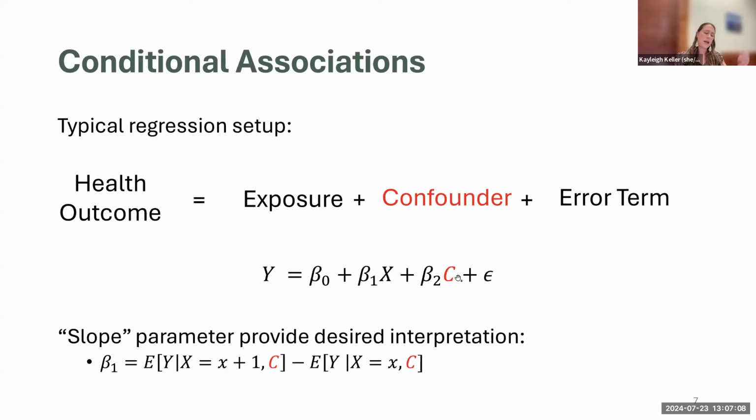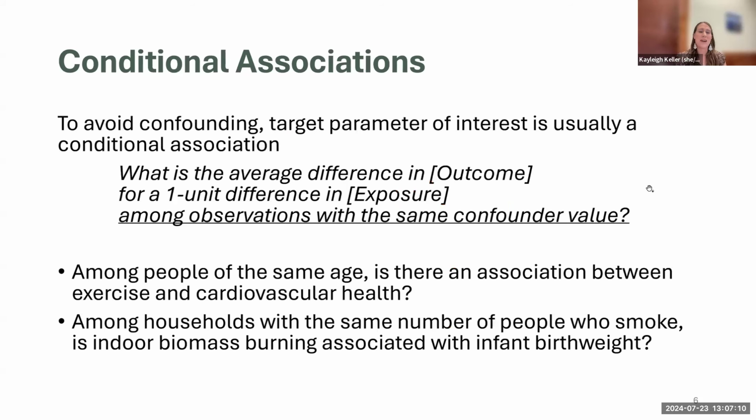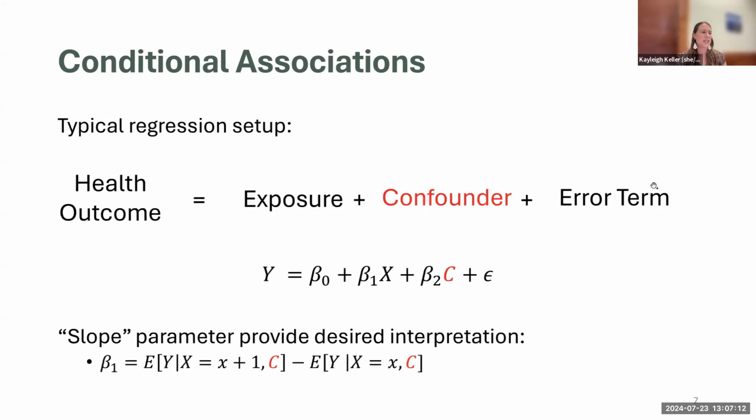If you don't like math, this is just the conceptual framework we're working in, and this is the math that goes along with it. But the idea is that if we add it to the model, we're comparing among units, or people, or households that have that same value of whatever that confounder variable might be.